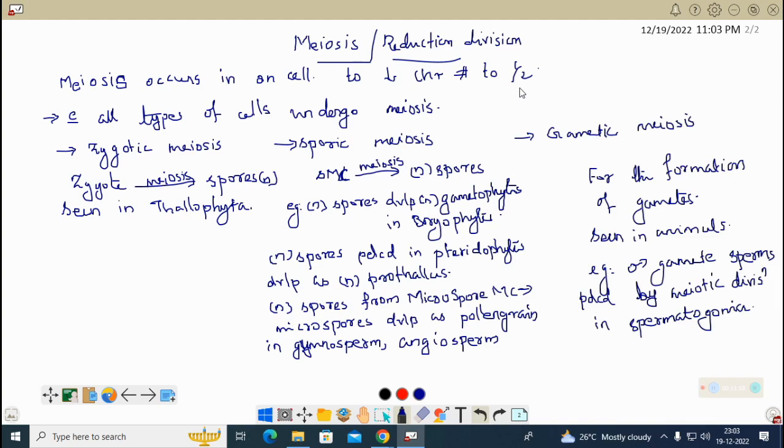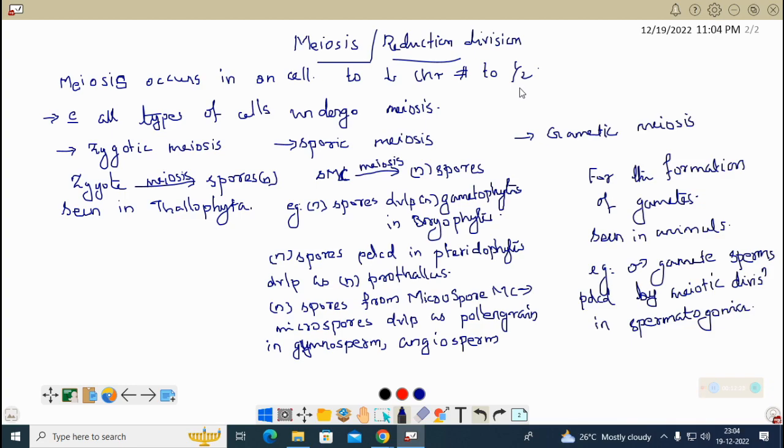That prothallus forms the antheridia and archegonia, which produce the gametes by mitotic division. These gametes fuse together to become a zygote. The zygote develops as a progeny, a diploid progeny because the parent is also a diploid plant, right? So there they undergo sporic meiosis. Sporangia consist of spore mother cells that undergo meiosis to produce the haploid gametophytic prothallus.